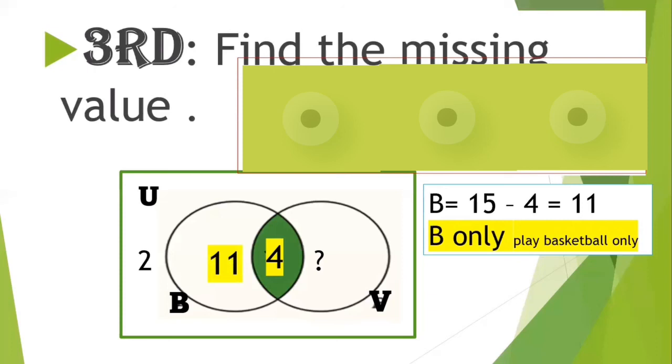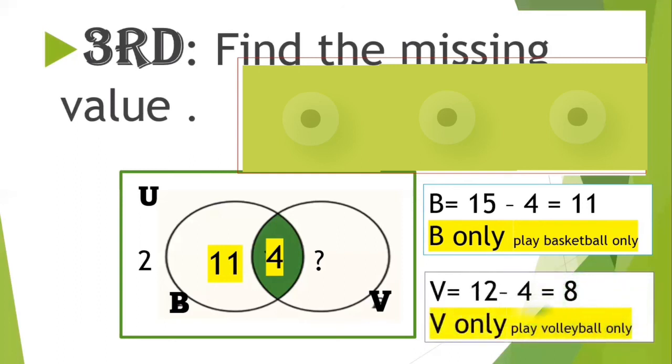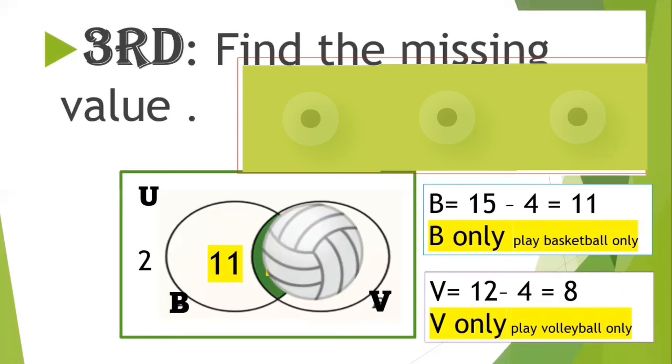Now, ilan naman yung naglalaro ng volleyball na ayaw maglaro ng basketball? Ayan. Katulad ng B, ang gagawin natin, ima-minus lang natin sa given value. Kanina, ang given value ng volleyball, who plays volleyball, is 12. Kung mapapansin nyo sa ating Venn diagram, kaparte ng volleyball ang ating intersection, which is 4. So, we're going to subtract 4 from 12.